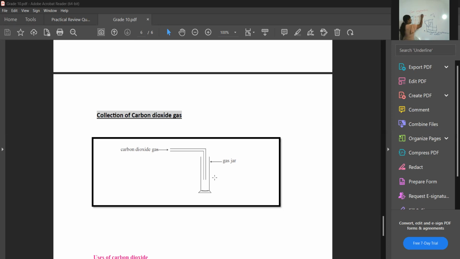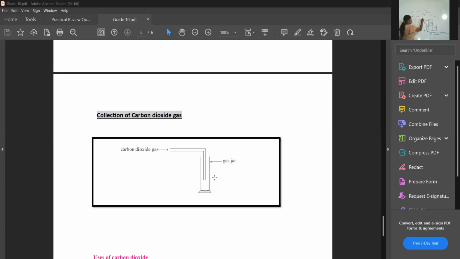And for hydrogen, we can use what? Hydrogen is less dense than air, so it goes up. So for this one, we can use downward displacement of air.